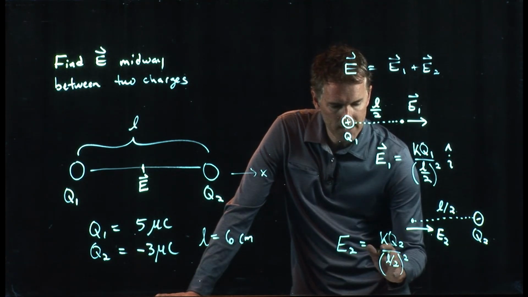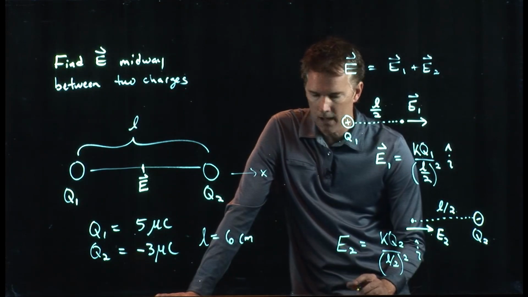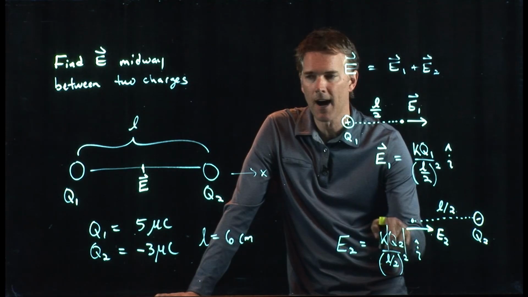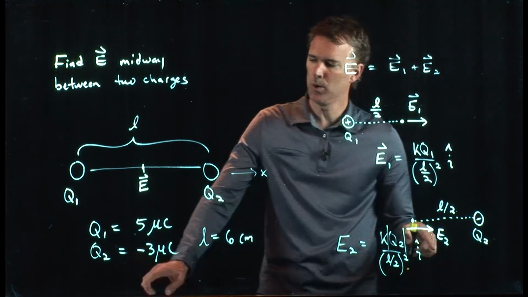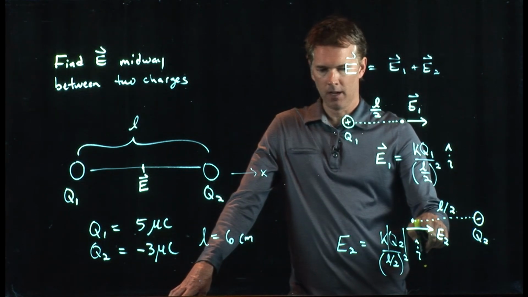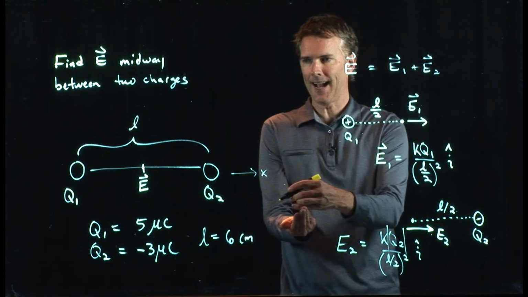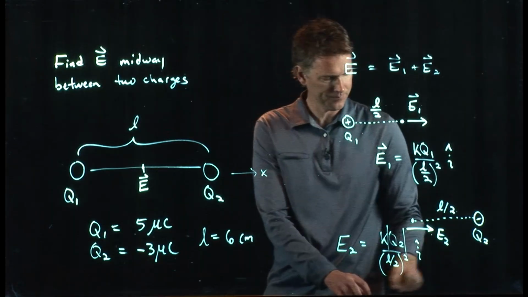And if it's to the right, then we can put an I hat right there, as long as we remember that this Q2, we're going to use a positive number there. You've already taken into account the direction with this arrow. So you don't want to put an extra negative in there, because that would flip that arrow back to the left. Okay, so this is what we want for E2.